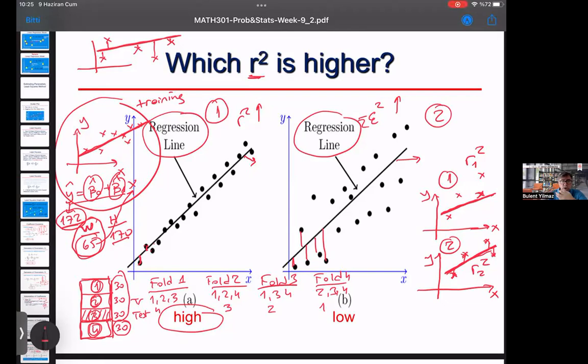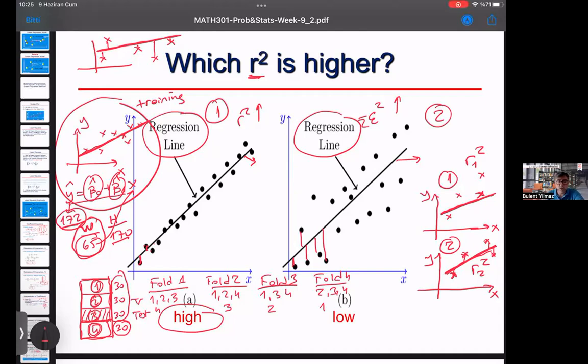We call this cross-validation. We repeat this process many times and try to find the best prediction model, which will give the minimum error between your data and the test data and the prediction model.